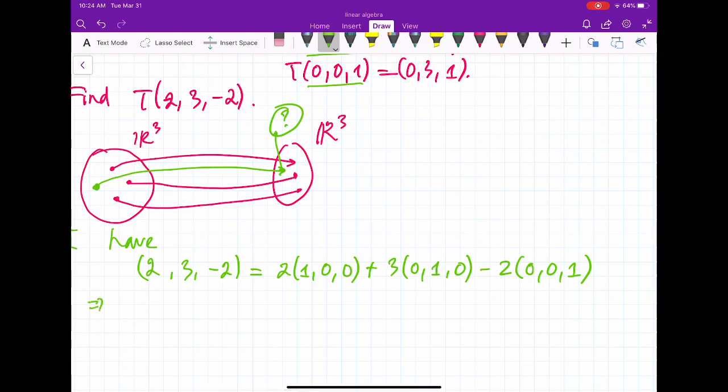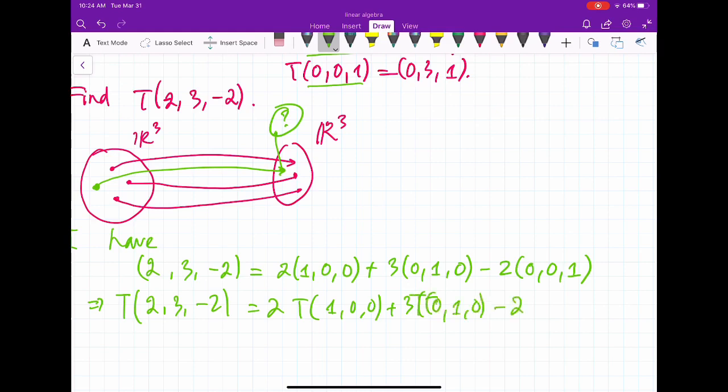From here, I apply T to both sides. I get T(2, 3, -2) equal to 2T(1, 0, 0) plus 3T(0, 1, 0) minus 2T(0, 0, 1).